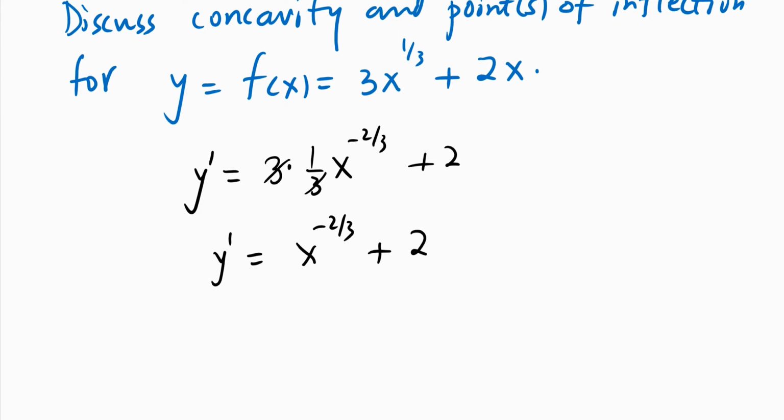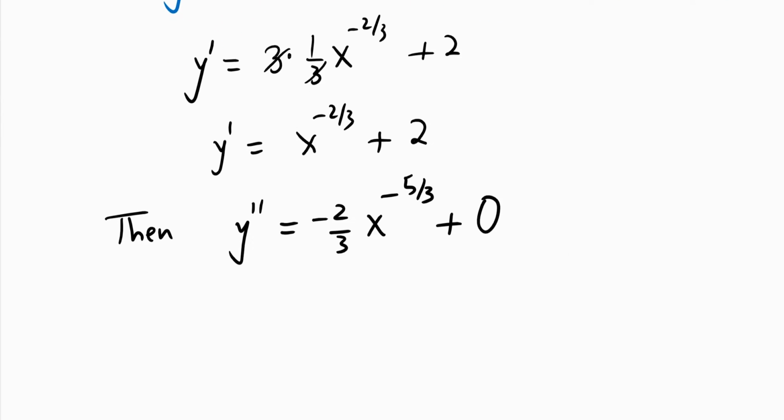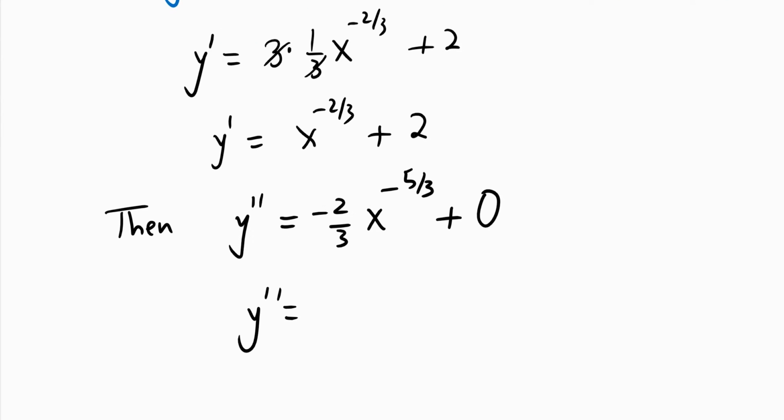We need to find the second derivative. Then we find y double prime, negative 2/3 x to the negative 5/3 plus 0. Again, we don't like to see negative exponents in the answer. We have to bring it down like so, plus 0.